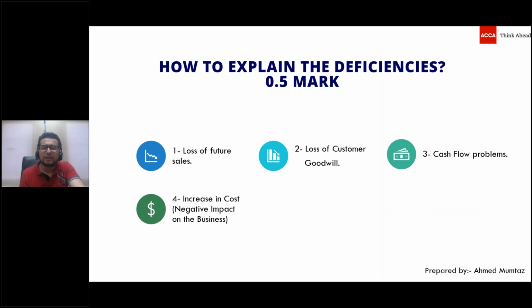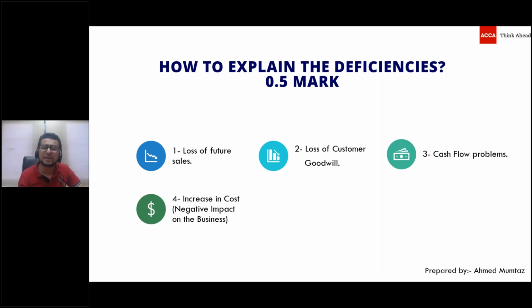First of all, a deficiency is something which might create loss of future sales for the company. A deficiency is something which might lead to loss of customer goodwill for the company. A deficiency might lead to loss of employee goodwill for the company, loss of supplier goodwill for the company. So it's not about the loss of customer goodwill. It depends on the question.